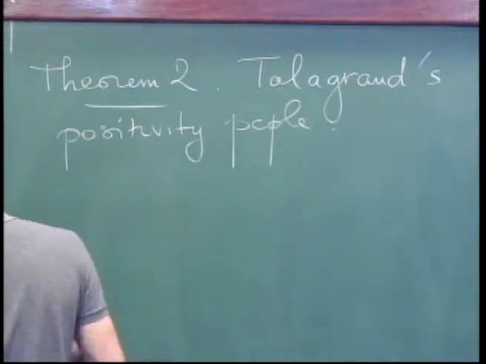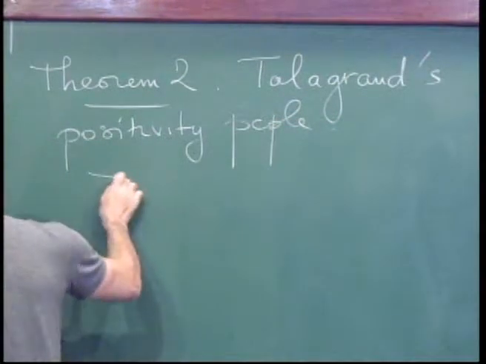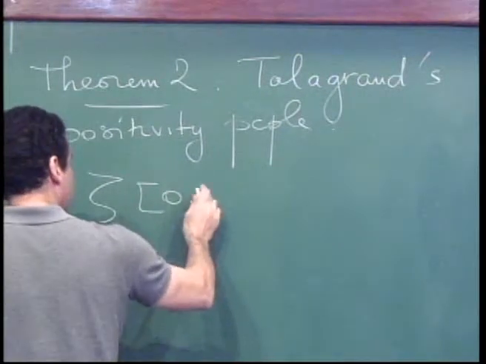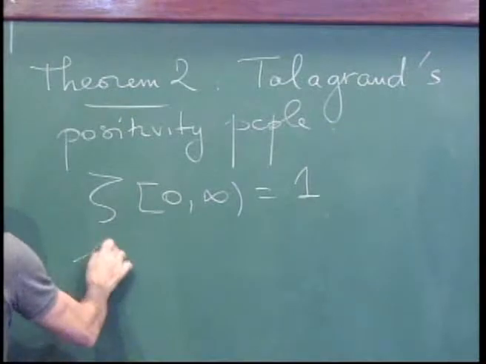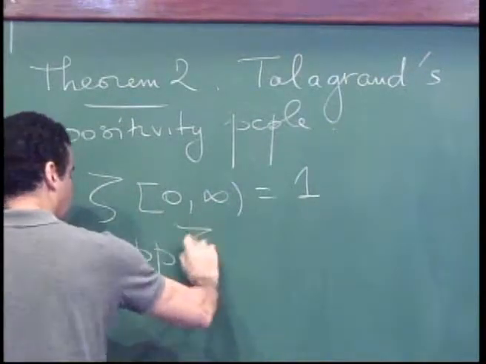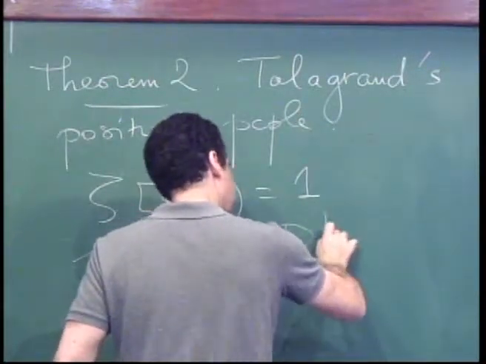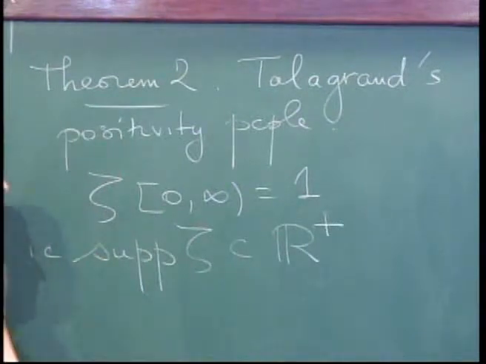The result is that the support of zeta is included in R plus. This is very interesting. It means when you have Ghirlanda-Guerra, the overlaps are necessarily positive. Okay?